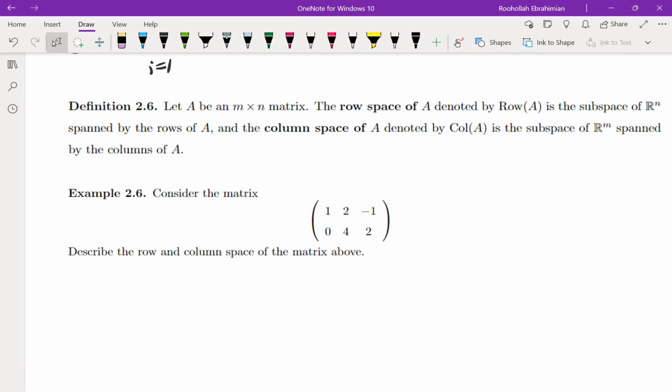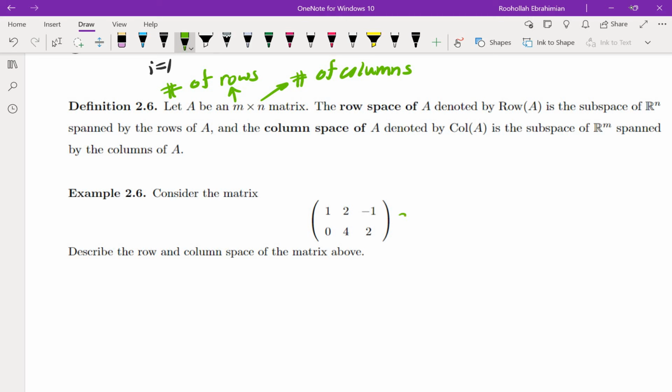Here is the second example, and this is kind of the same example, still along the same line, and this is stated as a definition. So consider you have a matrix that is m by n. You have m rows and n columns. So this is the number of rows and this one is the number of columns.